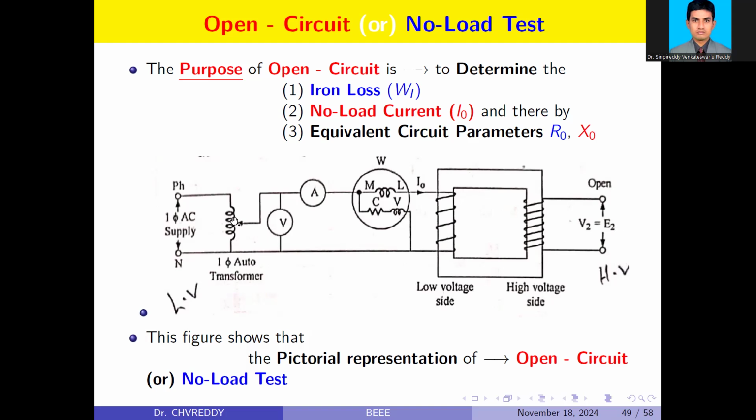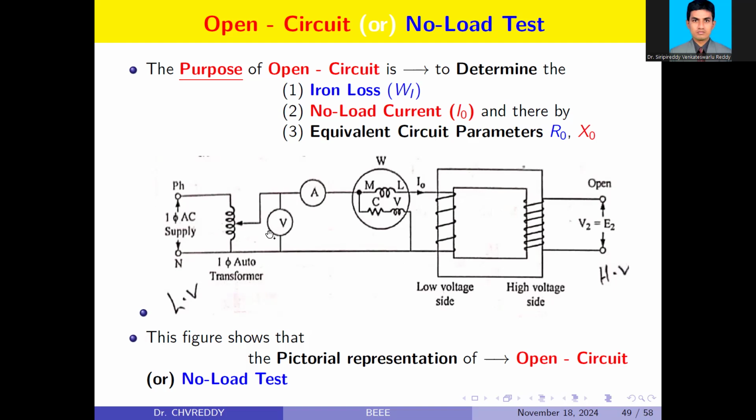Here the single phase auto transformer is used to set the rated voltage. Whatever rated voltage we are giving, we set that voltage with the help of this auto transformer. Initially it is in the zero position. We slowly vary the auto transformer until we reach the rated voltage, that is 220 or 230 volts.